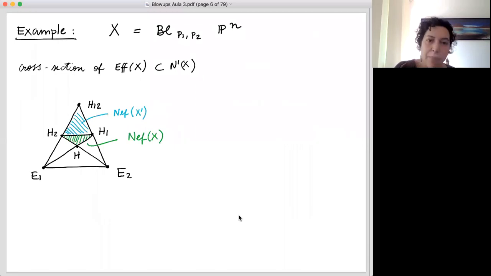And so, for example, if you take the blow up of Pn in 2 points, an example we looked at in detail on Tuesday, and you look at the cross section of the effective cone of X, then it has exactly this shape. This is generated as a cone by the classes of these effective divisors.